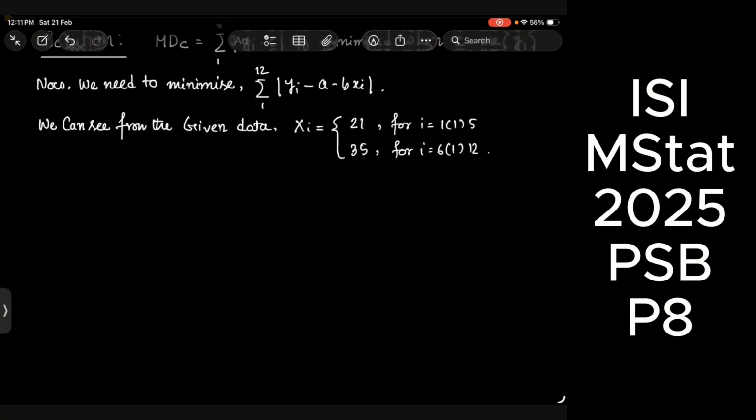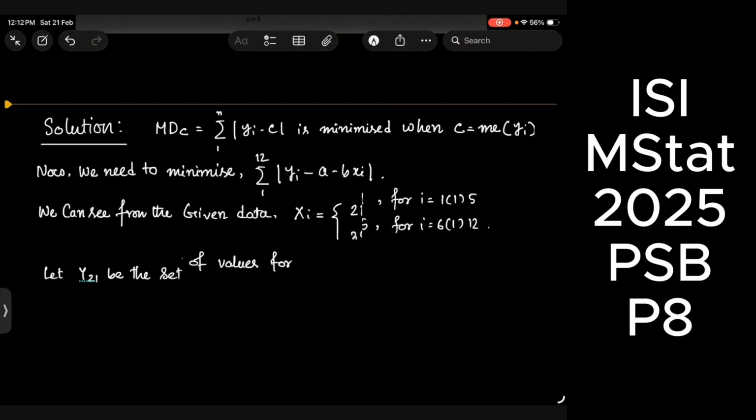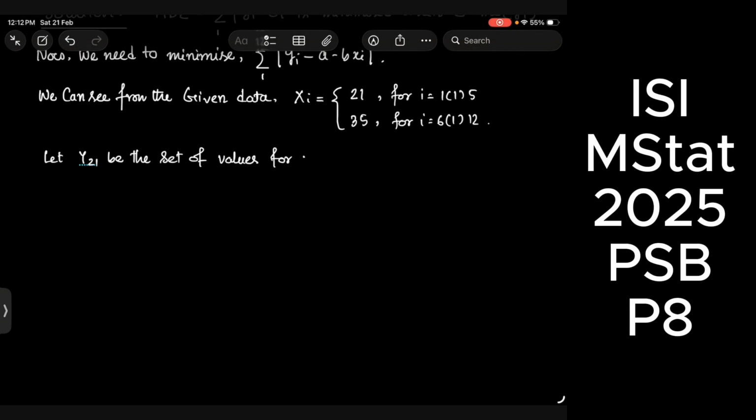So let y21 be the set of values for xi equal to 21.